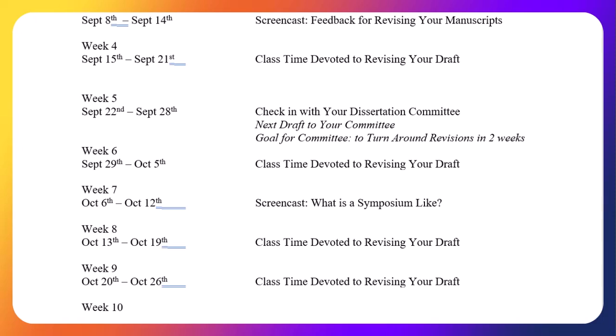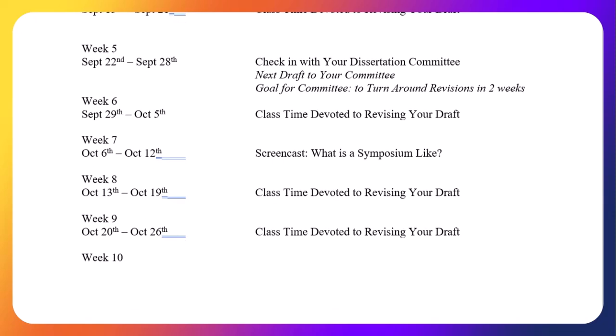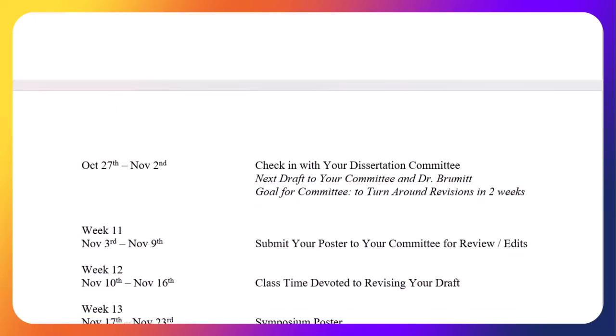So for a couple weeks in September, you're going to be working on revising your manuscripts, and then you need to turn in your next draft to your committee by the end of September 28th, with the goal of them turning it back to you in a 2-week time period. You'll see more time devoted to revising your draft.